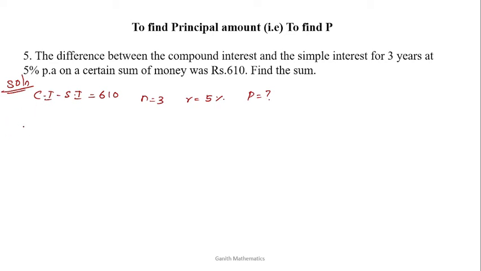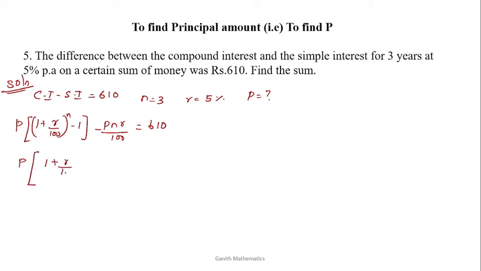So we know the compound interest formula, that is P into (1 plus R by 100) the whole power N minus 1, and the simple interest formula PNR divided by 100, and the difference is 16. In both the terms P is common, so I am taking that outside, so it would be P into [(1 plus R by 100) the whole power N minus 1 minus NR by 100] is equal to 16.